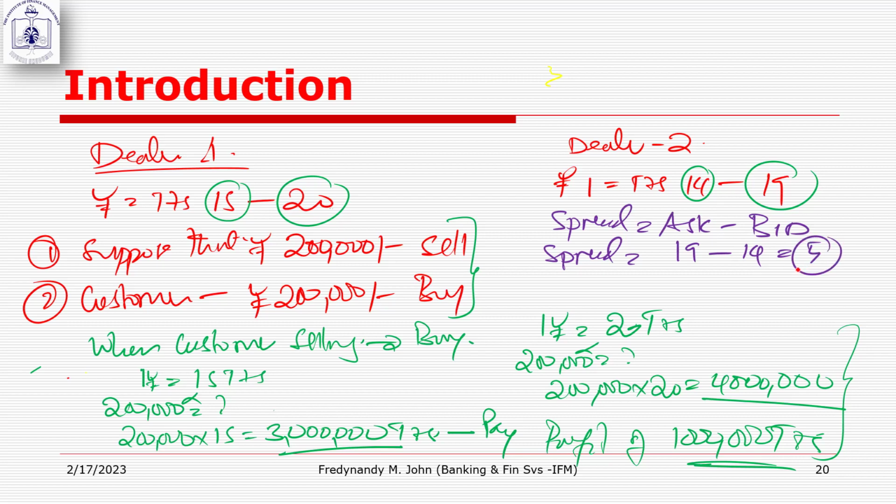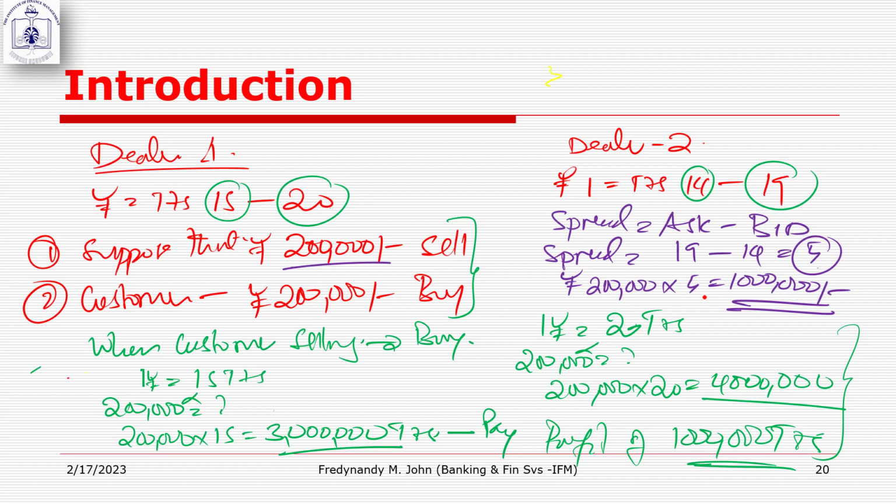All right, now if the spread is 5, then what is the amount in question? The amount in question is 200,000 Japanese yen. Therefore, if you take 200,000 Japanese yen, multiply by 5, you're going to end up with what? You're going to end up with 1 million as a profit.